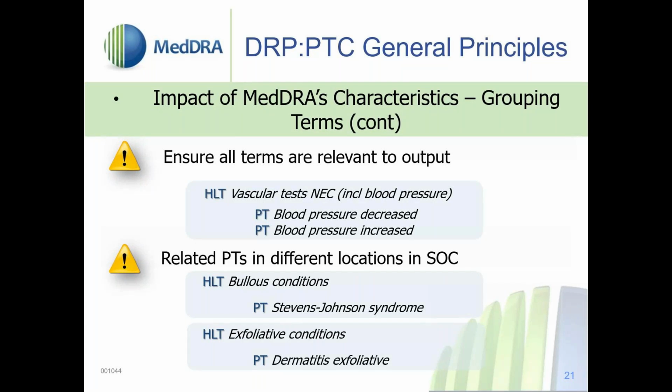So when using the grouping terms for building a query, be very careful not to make either of these mistakes, to include a lot of cases which you don't really need by choosing something which is too broad and unspecific. But also, on the other hand, don't go too specific and have the risk that you miss relevant cases, as with this Stevens-Johnson syndrome example.